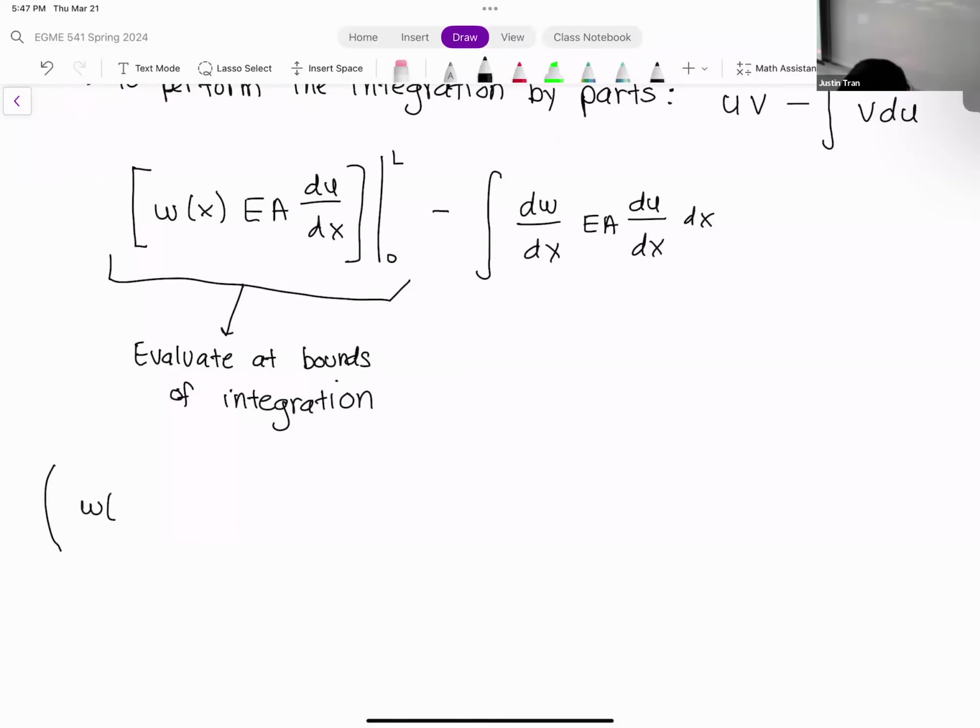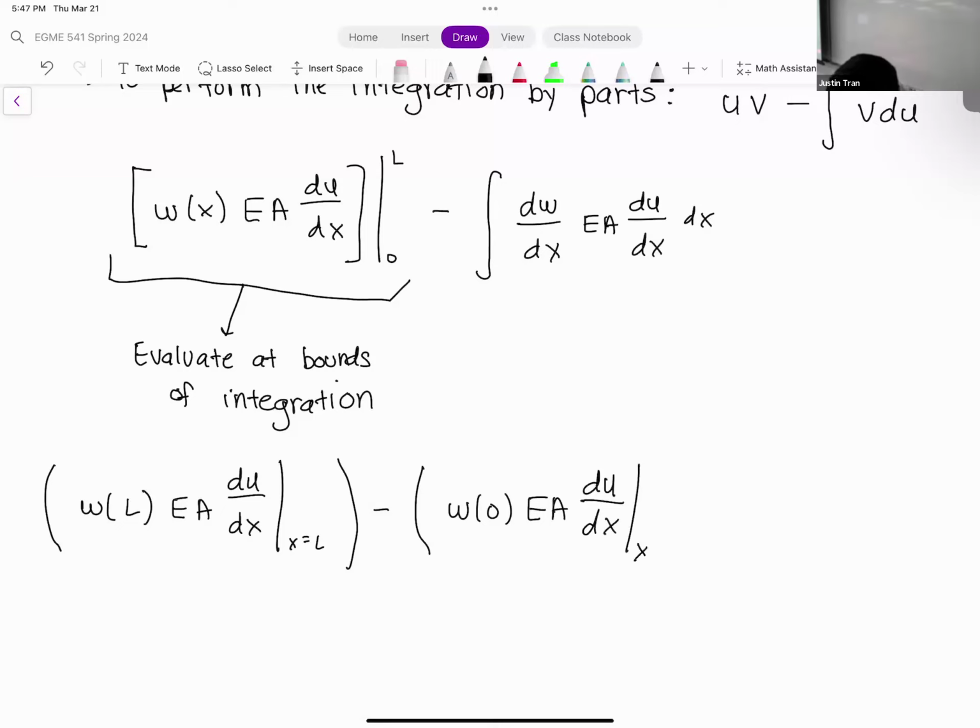So we have w of L times EA du/dx at x equal to L, minus w of 0 times EA times du/dx at x equal to 0.